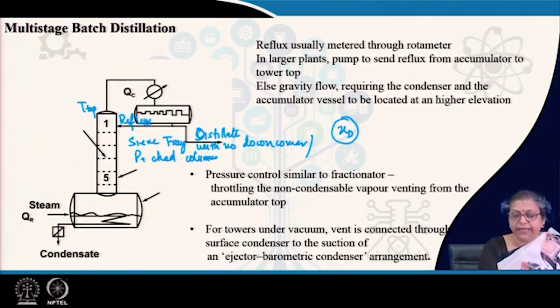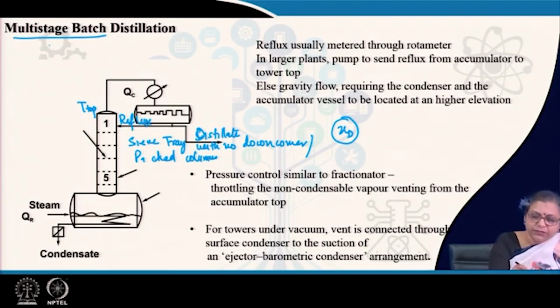We continue this operation till the point we find that the reflux ratio has reached an uneconomically high value. But the easier thing to do is to keep the reflux ratio constant. Under that condition XT keeps on varying, we keep the reflux ratio constant and we continue the operation till XT falls below a specified value. So, when we are going for multi-stage batch distillation, the operation can be done in two ways.